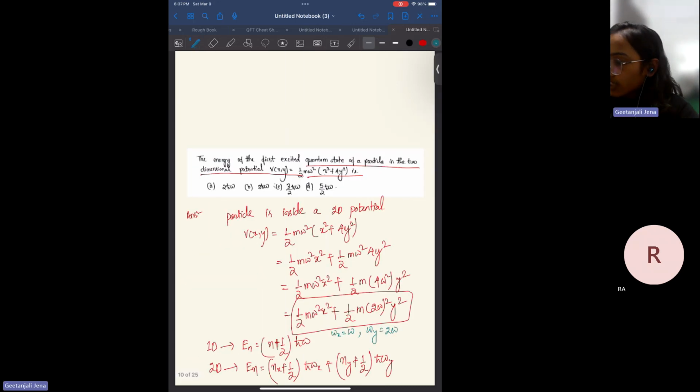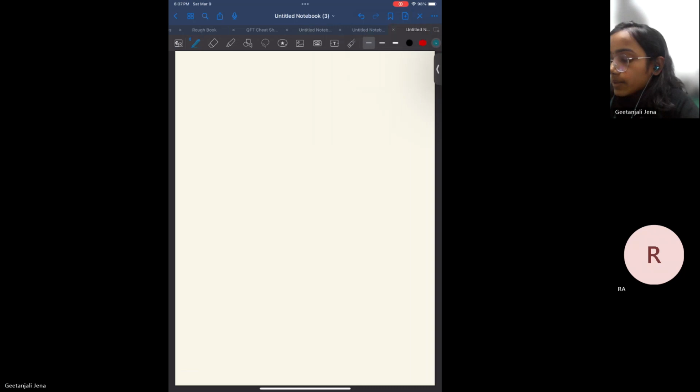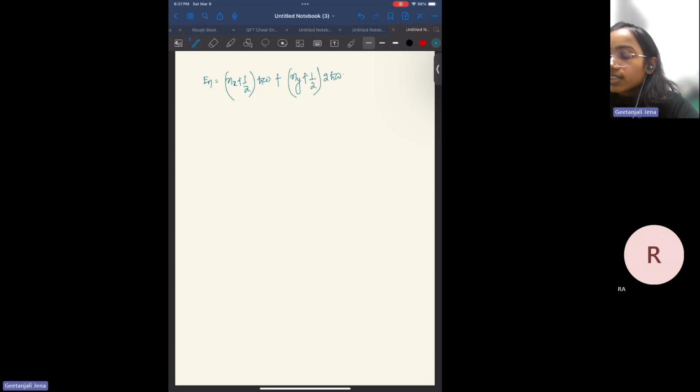So that means you can take the energy of this composite system as nx plus half h cut omega plus ny plus half 2 h cut omega. Now it is asking about the first excited state.